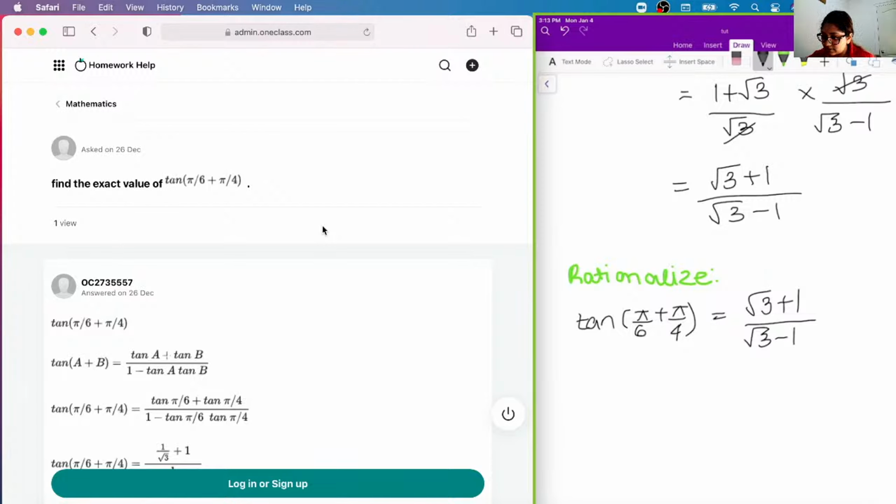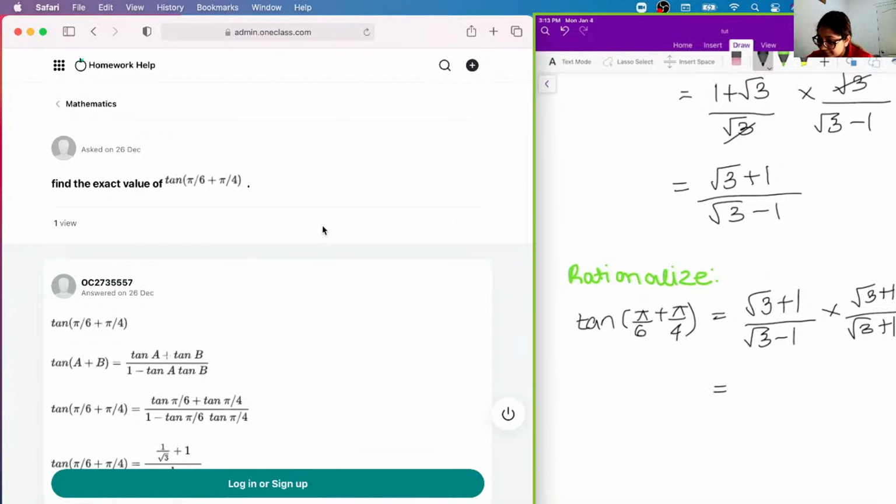To rationalize this, we're going to multiply this whole fraction by root 3 plus 1 over root 3 plus 1, both the numerator and the denominator.